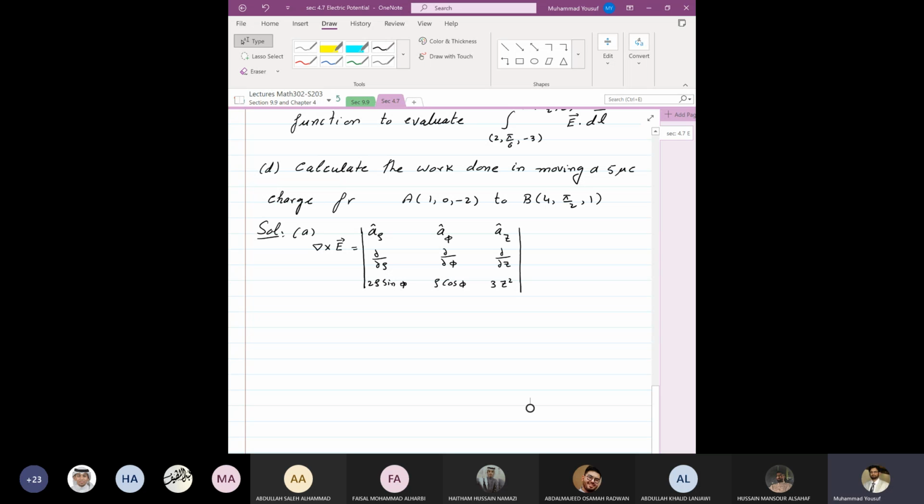Okay, now let us evaluate this. This is equal to a rho times partial over partial phi of 3z squared, which is 0, minus partial over partial z of rho cosine phi, which is also 0, minus a sub phi times partial over partial rho of 3z squared, which is 0, minus also 0, plus a sub z times also, so it is a 0 vector.